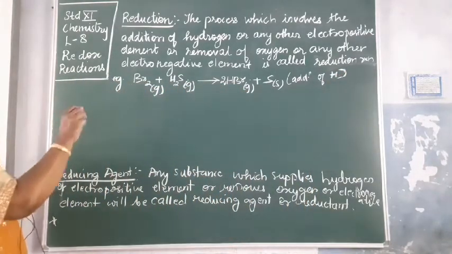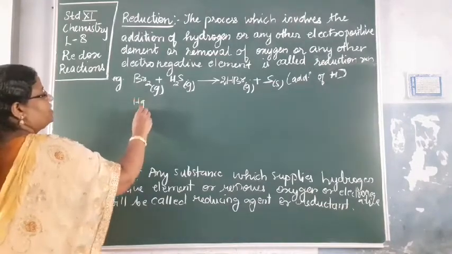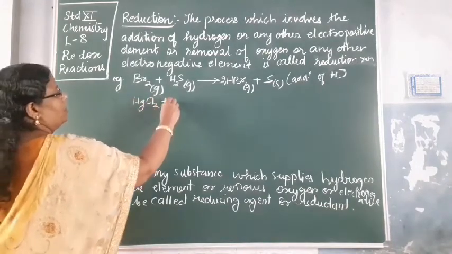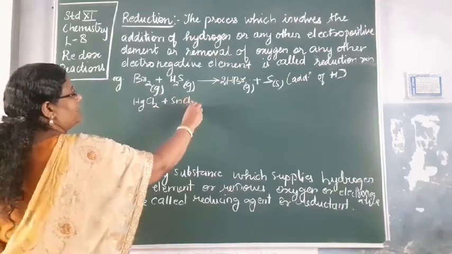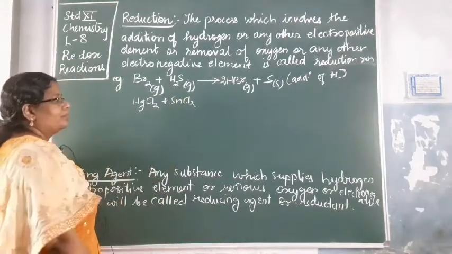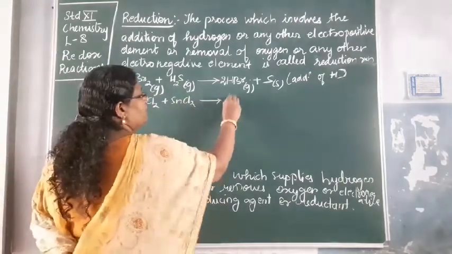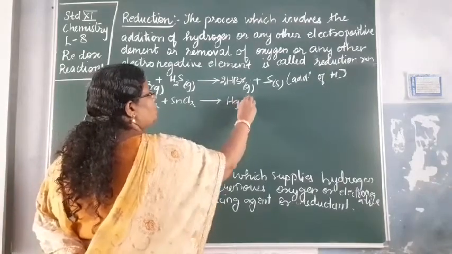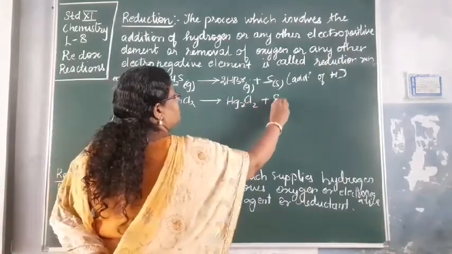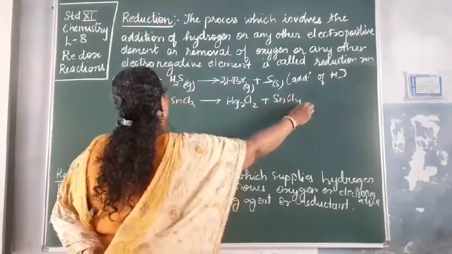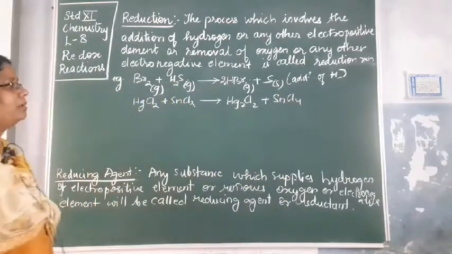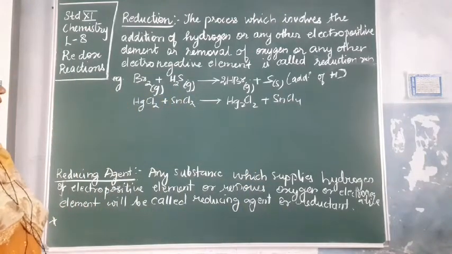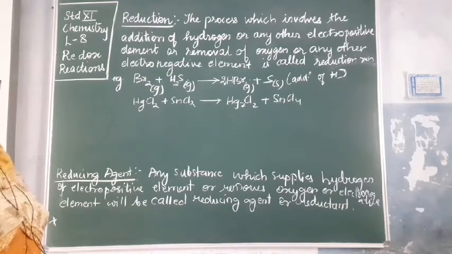ठीक है, second वाला HgCl2 plus SnCl2. यहाँ पे the products obtained are Hg2Cl2 plus SnCl4.